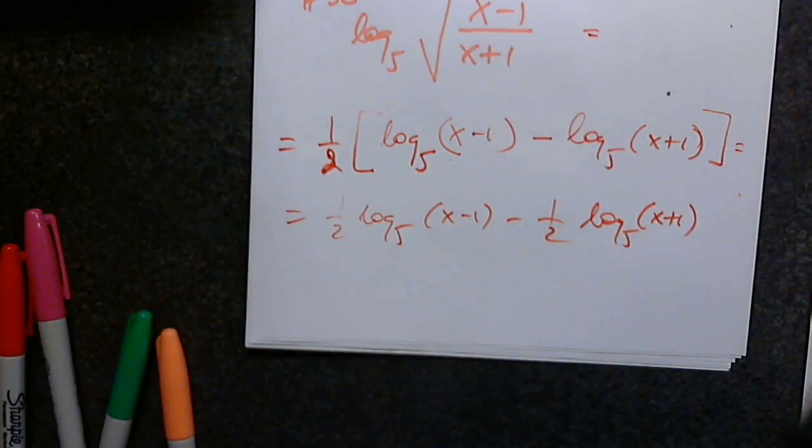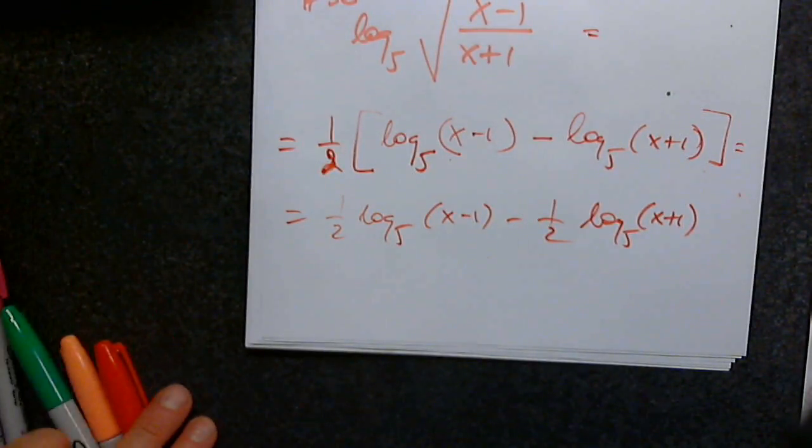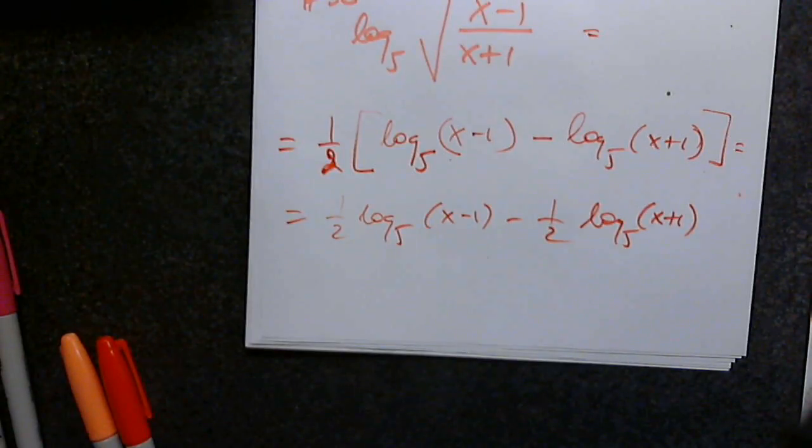Do not fall into the trap of trying to do anything with log base 5 of x plus 1. There is no rule. No one can simplify log applied to a sum or a difference. We can only simplify log applied to a product, log applied to a ratio, and log applied to a power. Any questions on this? You would always write it out like that with the 1/2 outside.